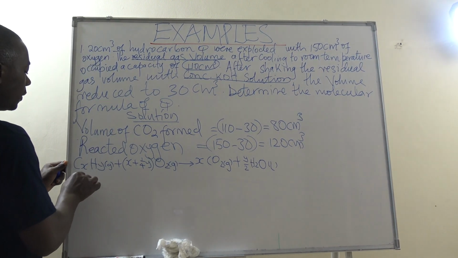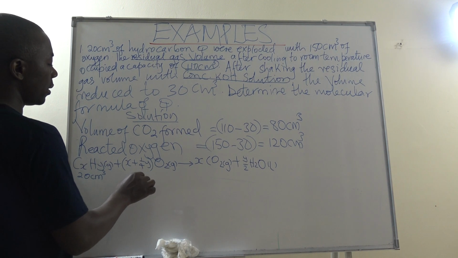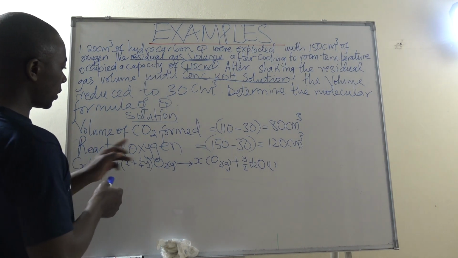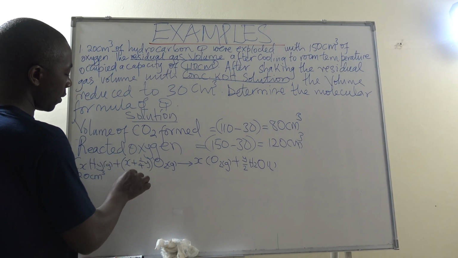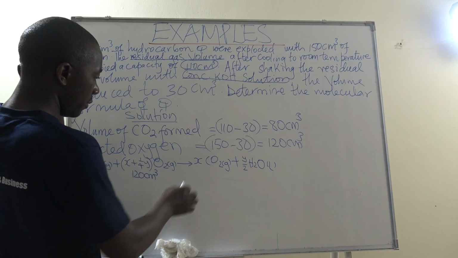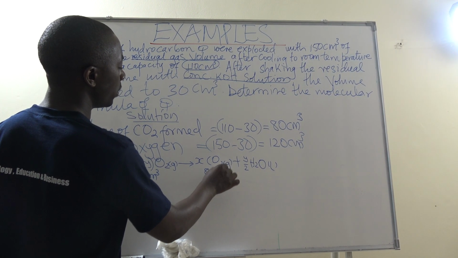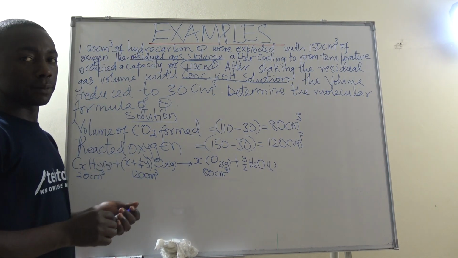I've said this is 20 cubic centimeters. The reacted oxygen we have realized is 120 cubic centimeters, and the volume of carbon dioxide formed, we have calculated as 80 cubic centimeters.